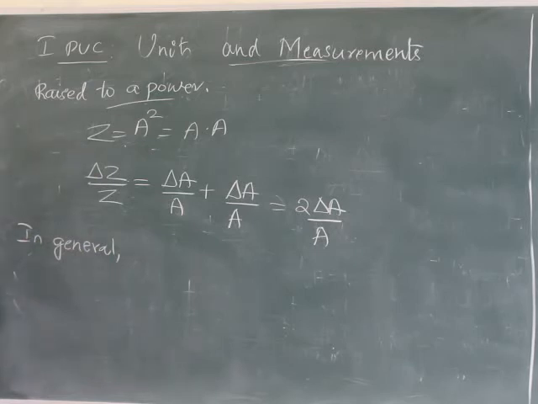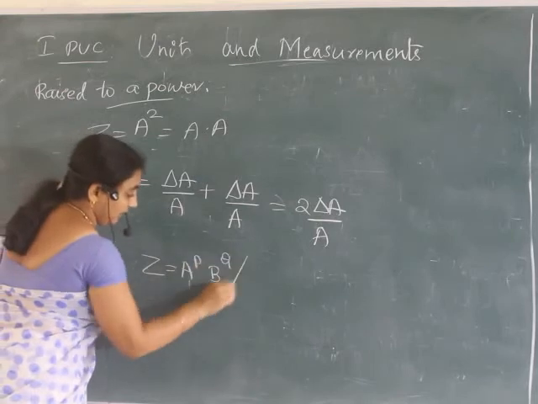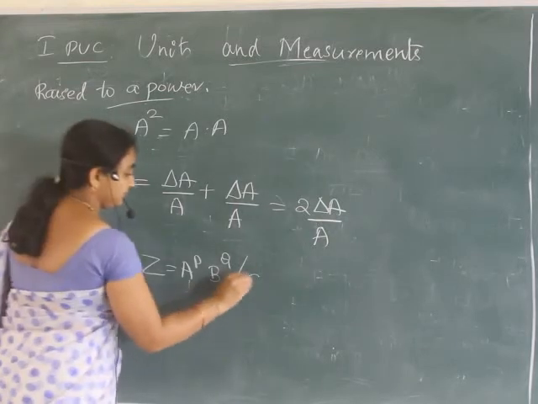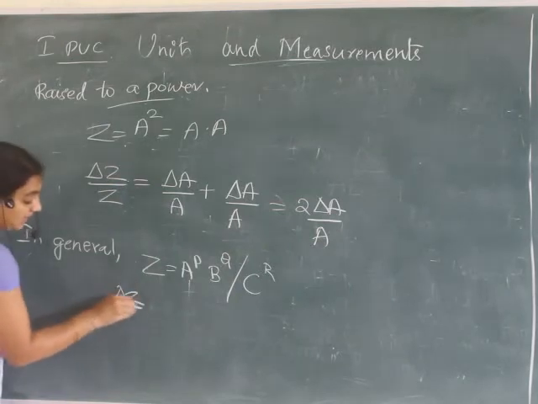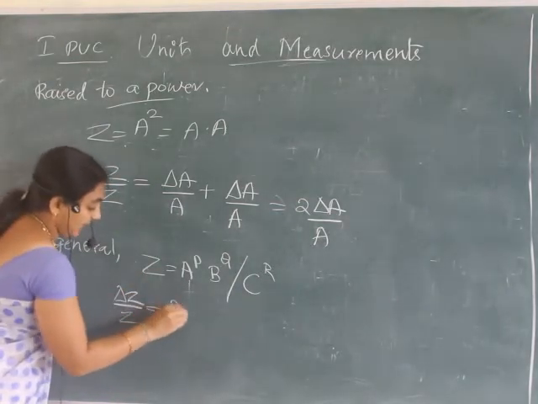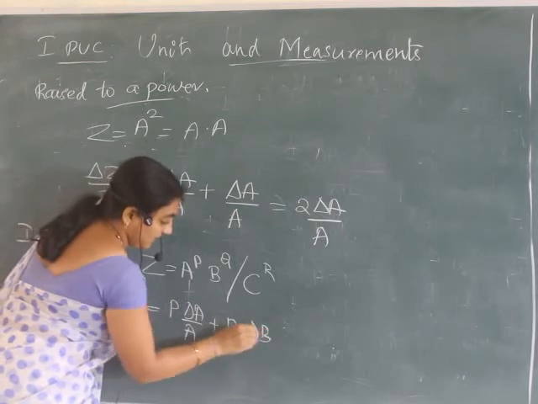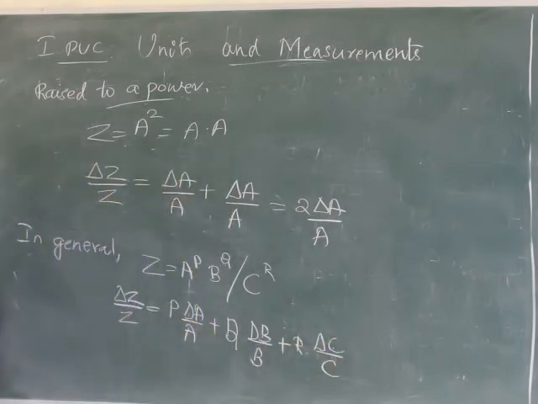In general, we can write: if Z is equal to A to the power P, B to the power Q, divided by C to the power R, then the relative error is delta Z by Z equal to P delta A by A plus Q delta B by B plus R delta C by C. Am I right?